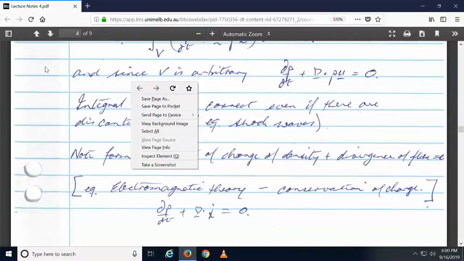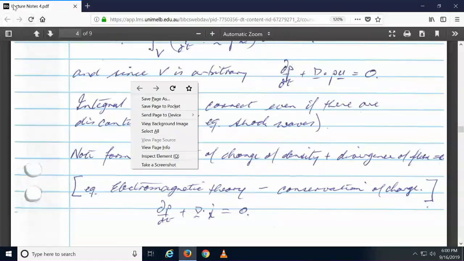Now, what about another quantity that will be familiar to all of you? The conservation of charge, in electrodynamics. What is the equation, one of Maxwell's equations, for the conservation of charge? It's in the same form.